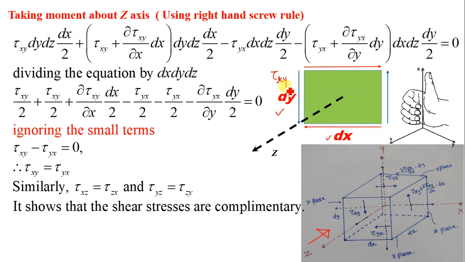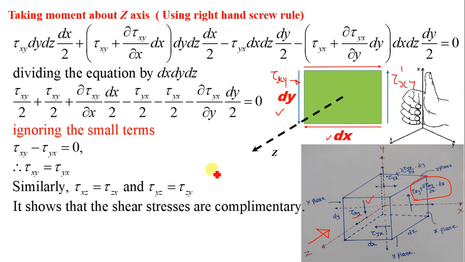This arrow is tau xy. And on the opposite face, the stress acting is tau xy plus the increment. Previously we denoted it as tau xy dash, equal to tau xy plus the increment.